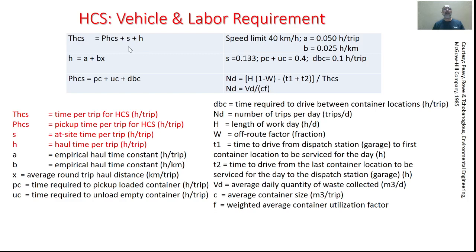S is the time which is spent at the site, which is also expressed as hours per trip. And this H, which is haul time, is also expressed as hours per trip.